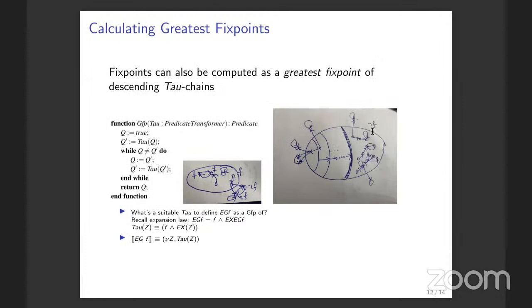So here is the big circle, here is F. That is tau 1. True is this entire square box.